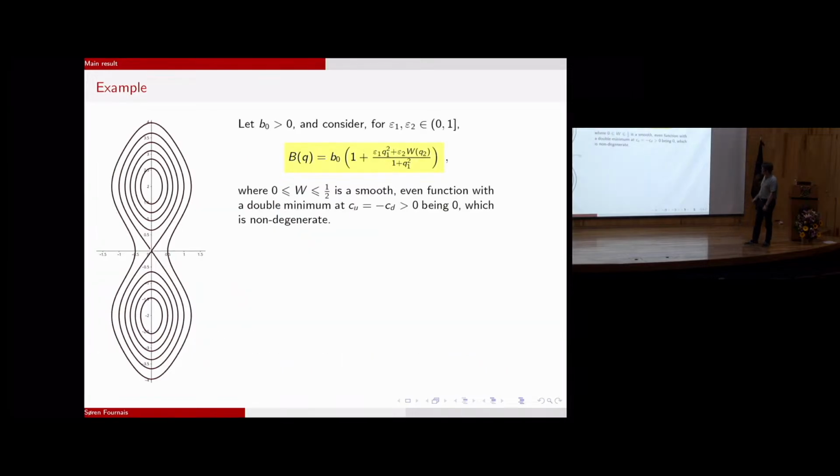Good. And this is my example. What you should think of that you're looking at over here are the level curves of the magnetic field. The coordinates in this example are called Q1 and Q2. So this axis here is Q1, and that axis there is Q2.